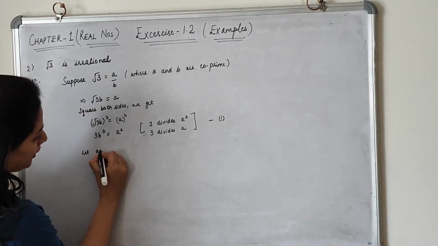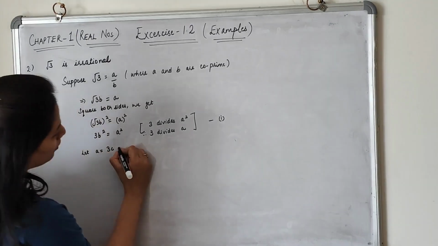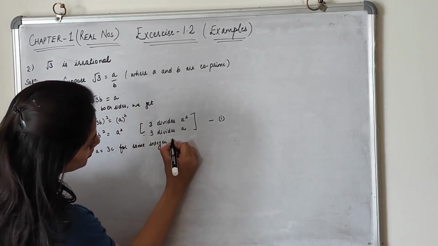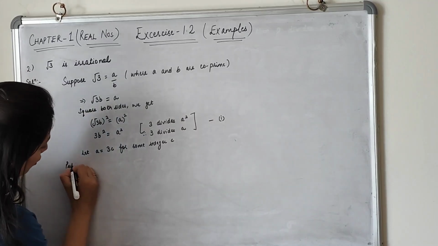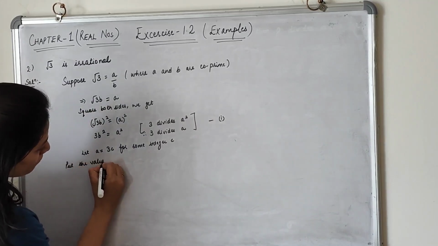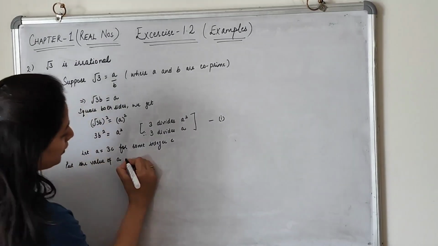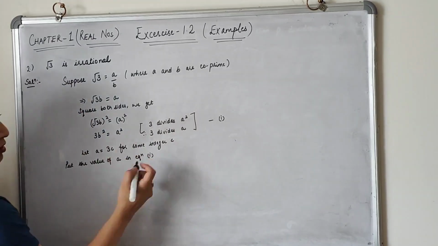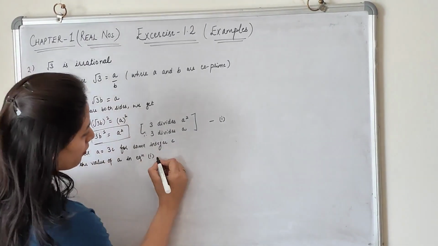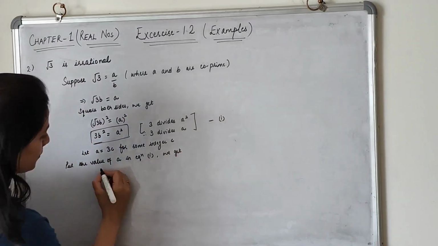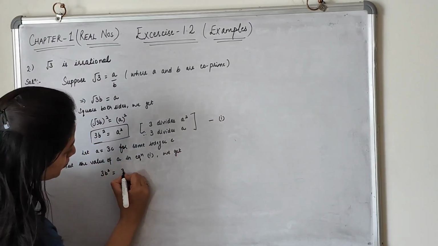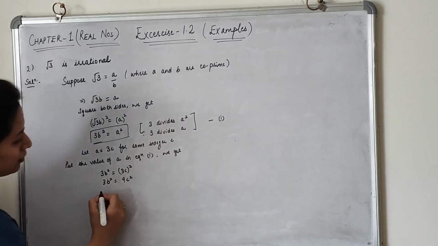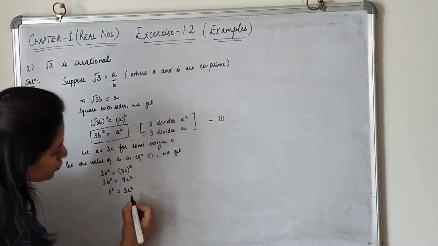Let A is equal to 3C for some integer C. Put the value of A in equation 1. In this equation we get 3B square is equal to 3C whole square, 3B square is equal to 9C square, B square is equal to 3C square.